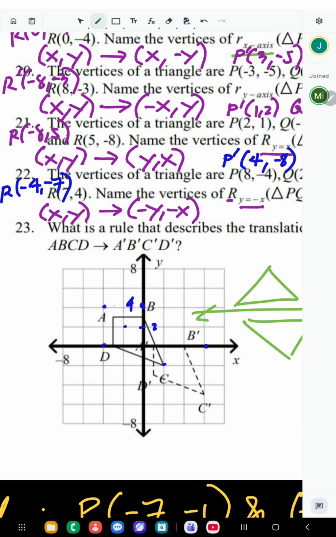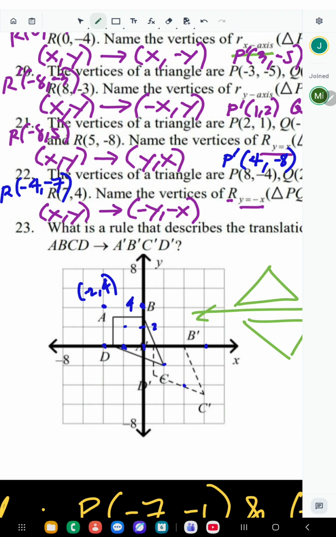Okay, translate. So point A here is just negative 2, 4. And translated to, let's say this one, 2, 4. So x is translated how many points? 1, 2, no, 2, 4.